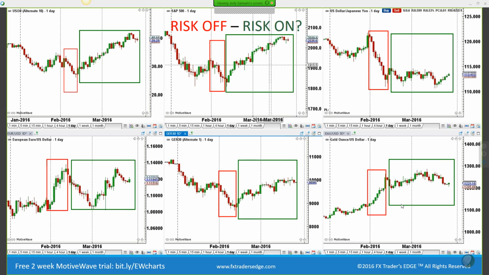Now if we move to gold, if gold is historically moved inversely with the dollar, the relationship held in February, but it didn't hold during this period right here.